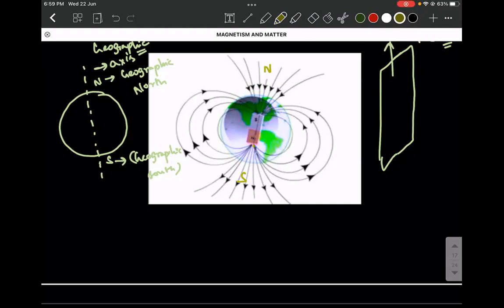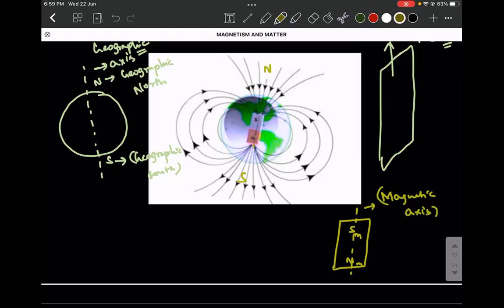Now, if the magnet is going to exist something like this, this is north and this is south. I'll call these magnetic north and magnetic south. If I draw an axis through the magnetic north and the magnetic south, this axis is called the magnetic axis.